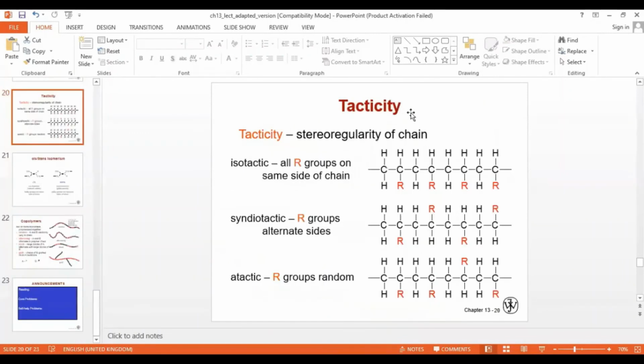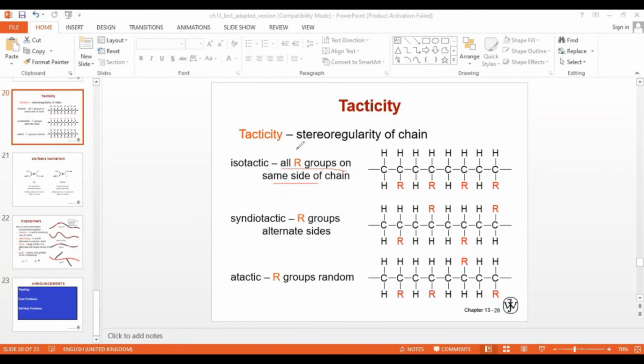Right? Tacticity. This is another term. Tacticity means stereoregularity of the chain. The previous one was stereoisomerism. Here this is stereoregularity, so how regularly the chain is arranged. Isotactic means all R groups are on the same side of the chain. What is R?